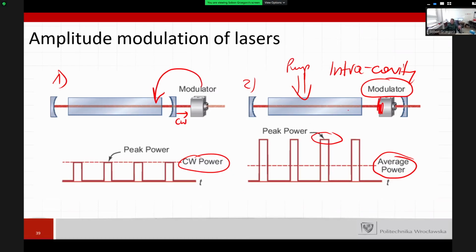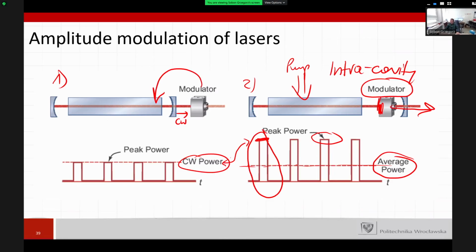But then suddenly, if you open the modulator, you can release a huge pulse at the output. And this is happening because the peak power of the pulse is much higher than the corresponding CW power, or the average power that is generated by this laser.